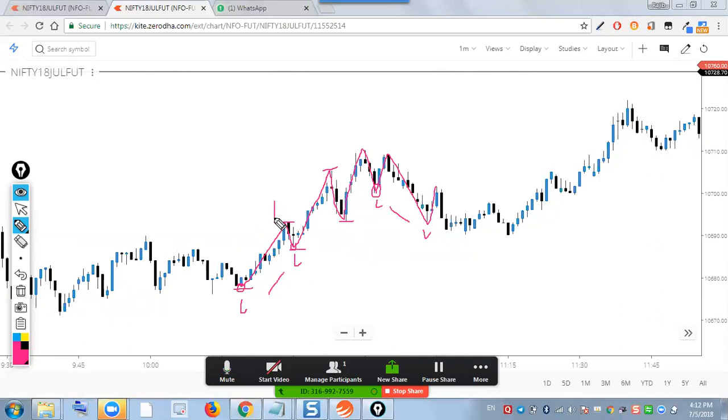It was making a higher high, but this was the next high after this. Now it made a lower high, lower high. So higher high, higher low is an uptrend; lower high, lower low is a downtrend. Then again a shift, uptrend, right? So you got the directions, pretty easy.